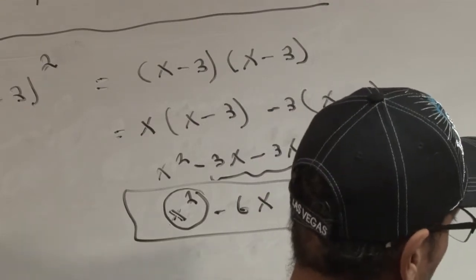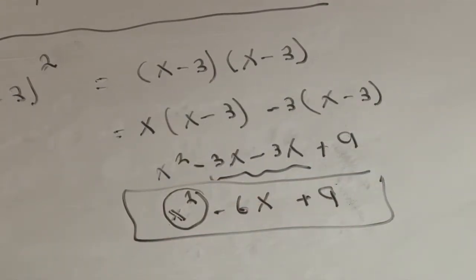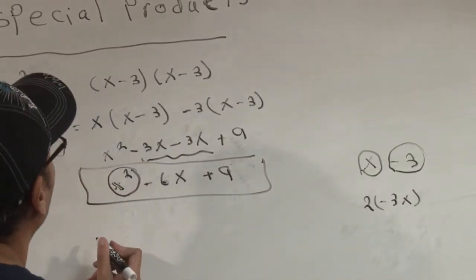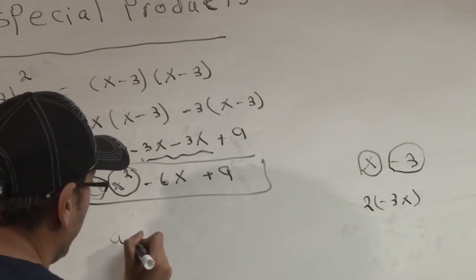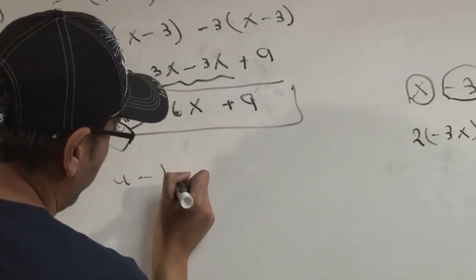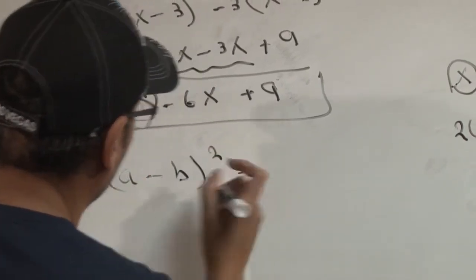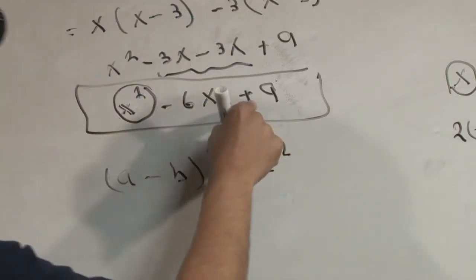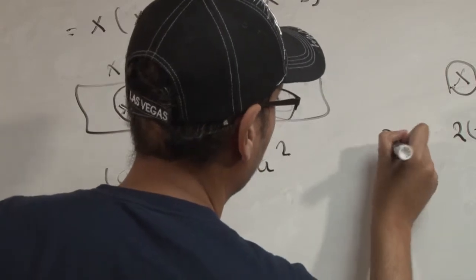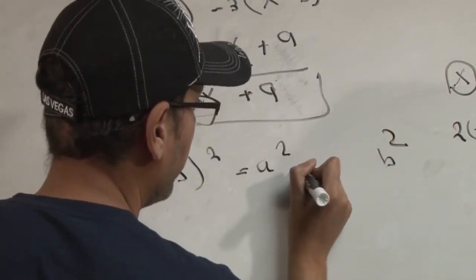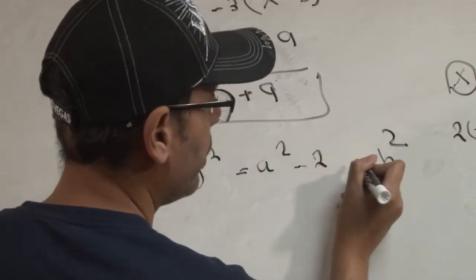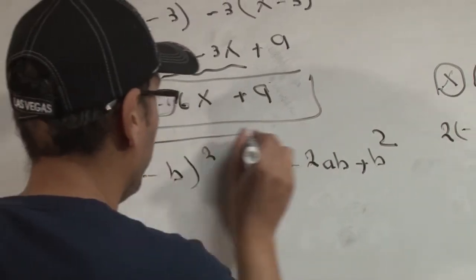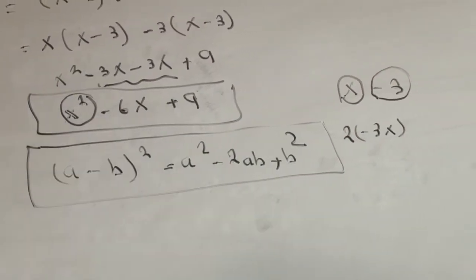Oh, that would be double of negative 3x. So I would conclude from that that a minus b squared equals, what did we do here? a squared, and here, b squared, and then negative 2, what? ab. This is formula number 1.